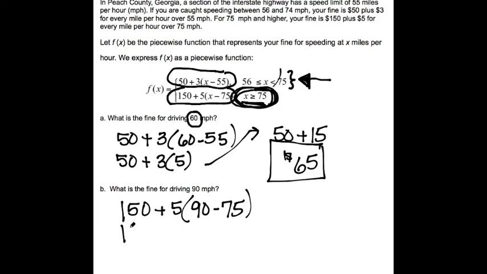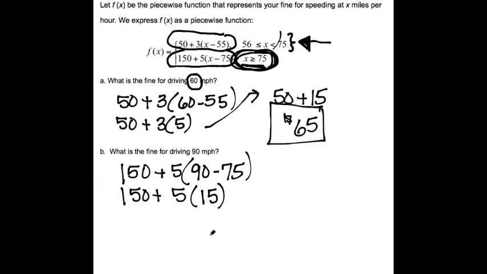So that's going to leave me with 150 plus 5 times (90 minus 75, which is 15). All right, we're going to keep calculating. That's going to leave me with 150 plus 5 times 15 is 75, and 150 plus 75 is 225. So if I'm traveling 90 miles per hour, it's going to be a fine of $225.